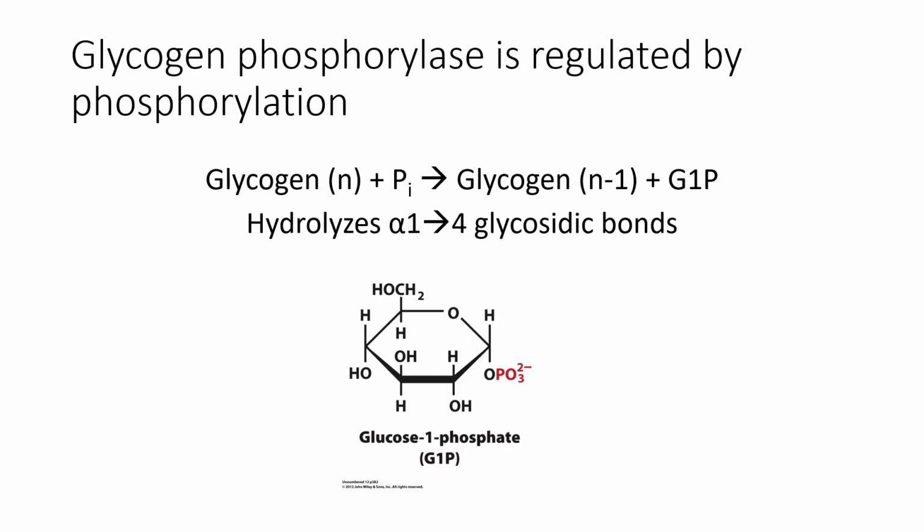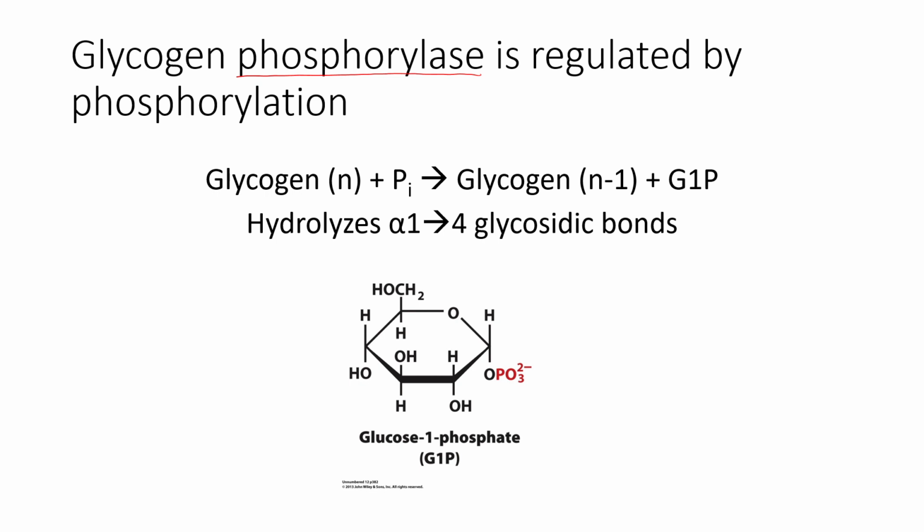So that being said, let's go into our specific example of an enzyme that's regulated by phosphorylation. And our example enzyme is called glycogen phosphorylase. And I just want to note here that this might get a little confusing nomenclature-wise, because we have this enzyme called glycogen phosphorylase.